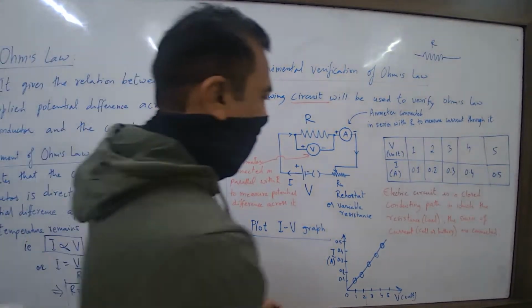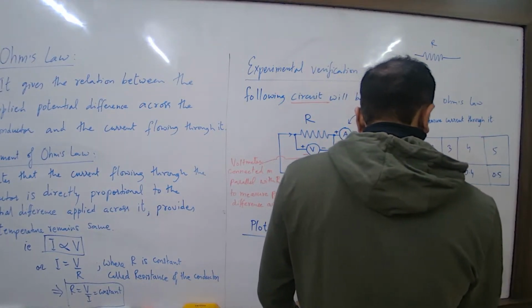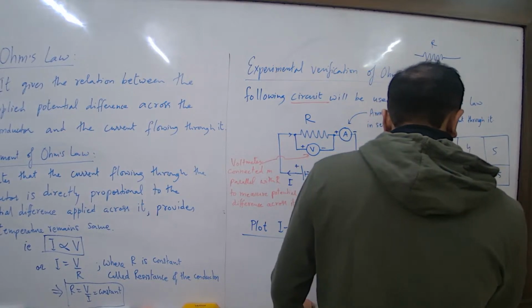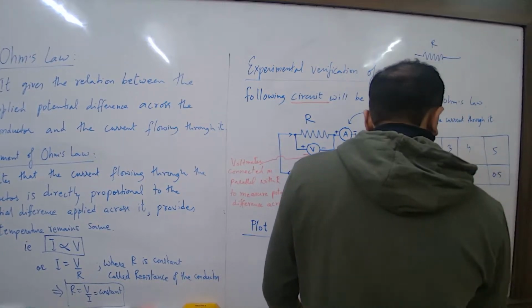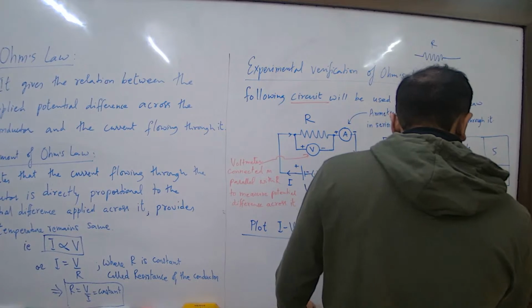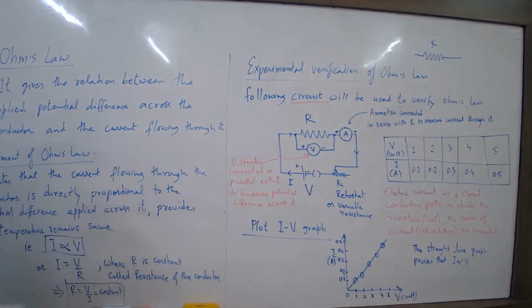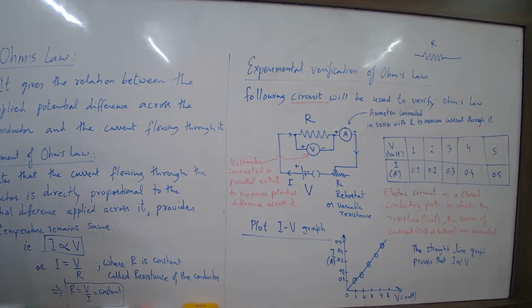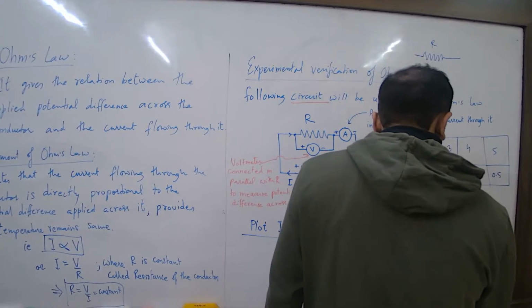So the straight line proves that I is directly proportional to V. So Ohm's law is verified. Correct? There is a linear relationship. Hence, Ohm's law is verified.